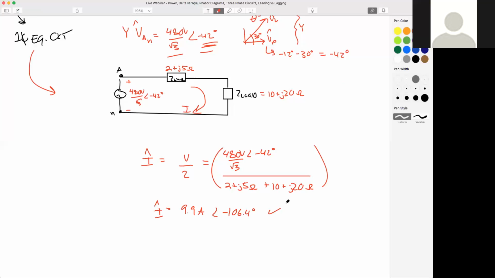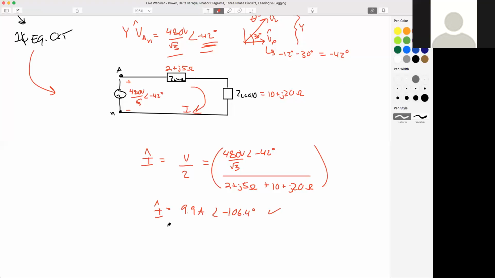Okay, I don't know what was up last time. Yep, 9.99 amps at negative 106.35. I'm actually going to round this to 10 amps since it's 9.99.